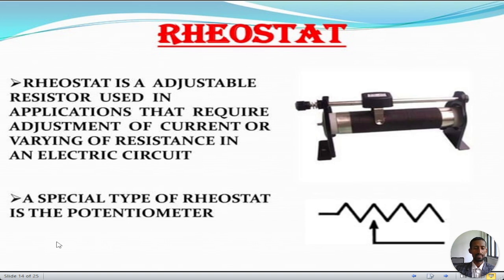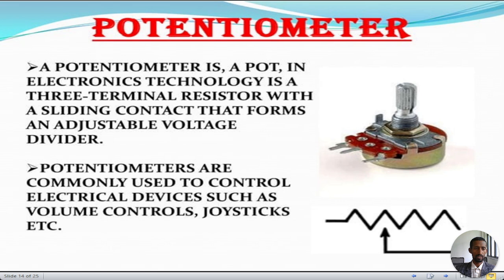As you can see here, we can manage the resistance by moving the tap point forward and backward. While we are moving to here, we can increase the connection of the resistors connected in series to the initial point. So this is what we call a variable type of resistor, a rheostat.